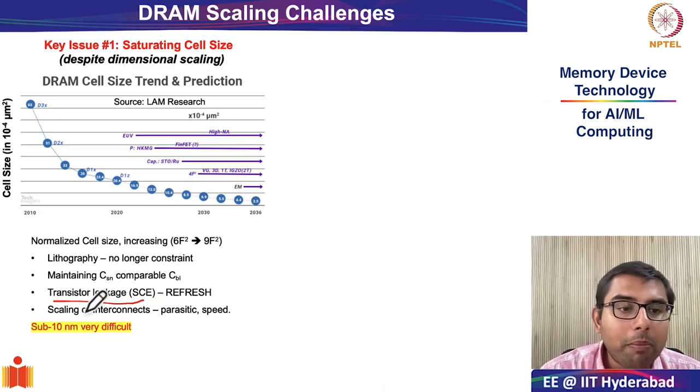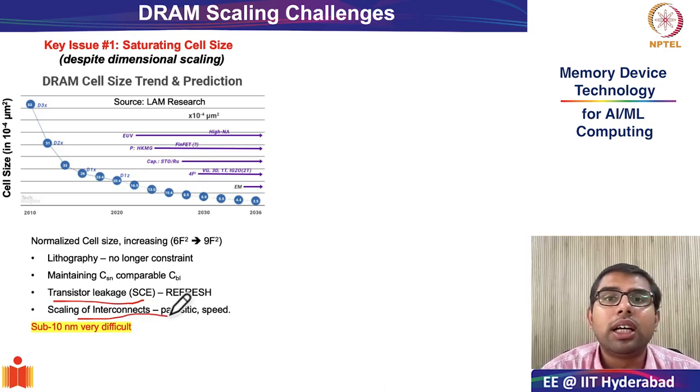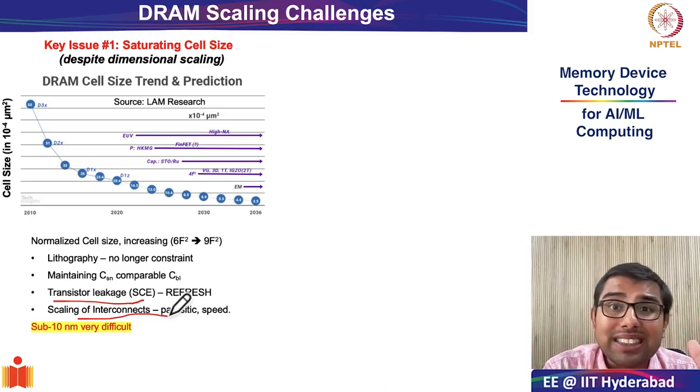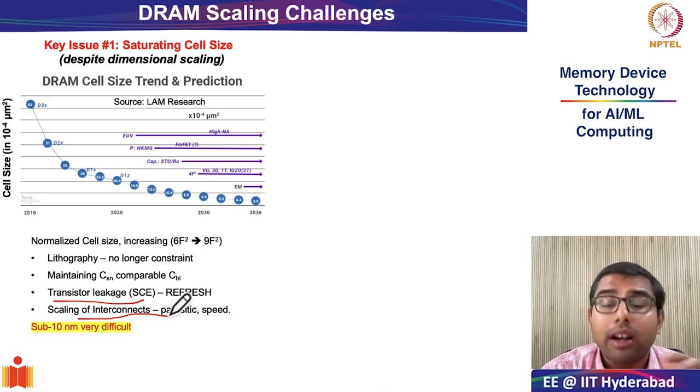The other big problem is that of interconnects. Remember, DRAM is the first off-chip memory. The reason for that is the capacitor that we fabricate in the DRAM chip cannot be integrated very easily with your logic operation or the CMOS advanced technology nodes.